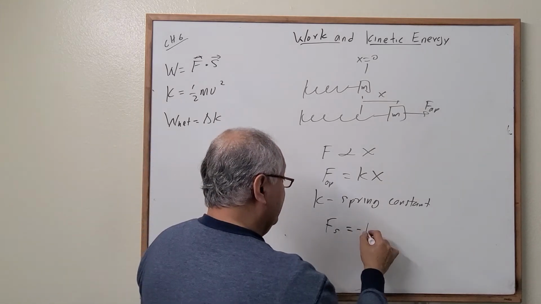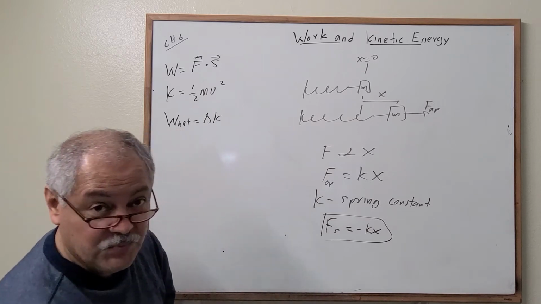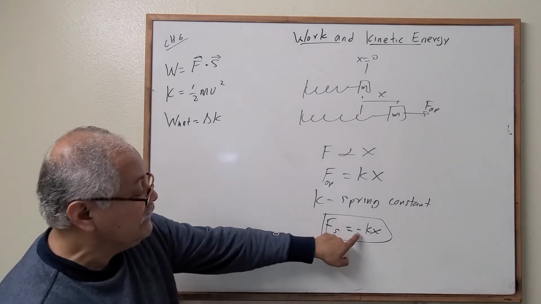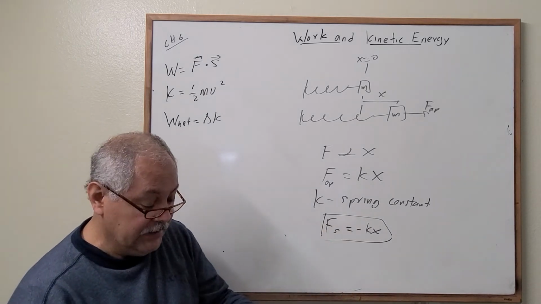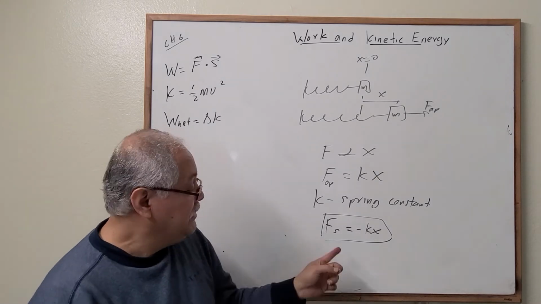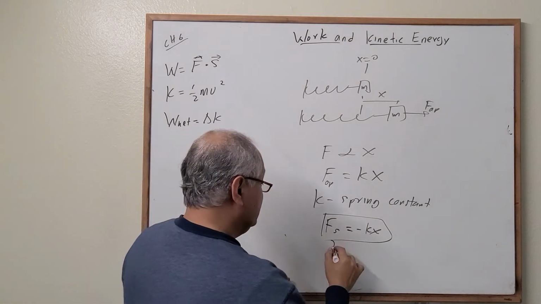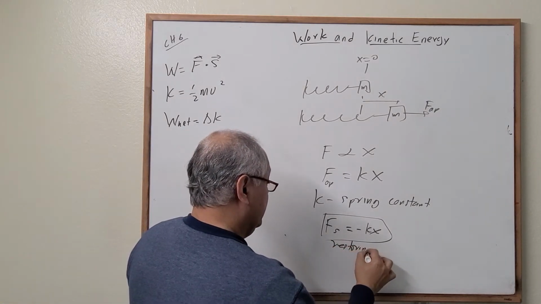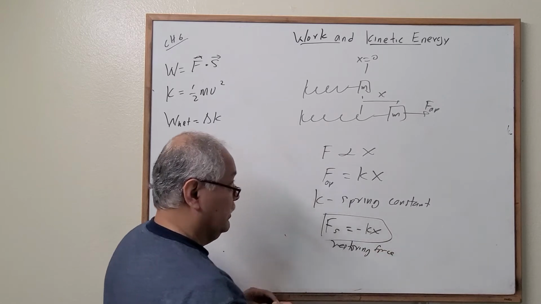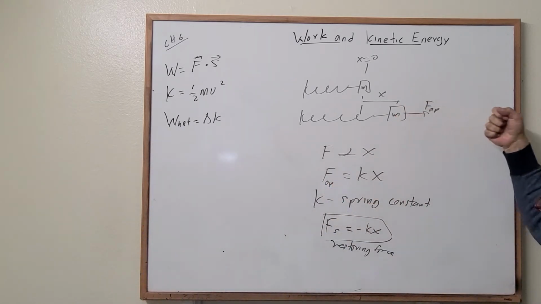Negative kx, right? And that's the force done by the spring. Again, this negative sign indicates that the force is toward the equilibrium position. This is also called a restoring force. Like in this case, if we apply a force in this direction, right?